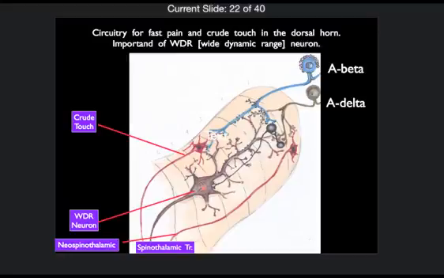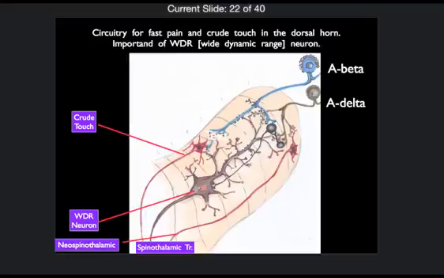So we have the A beta, which is fast conducting, around 50 meters per second, and the A delta, which is 5 to 10, plus or minus, meters per second. And this A delta comes in on the lateral division of the posterior root, dorsal root.